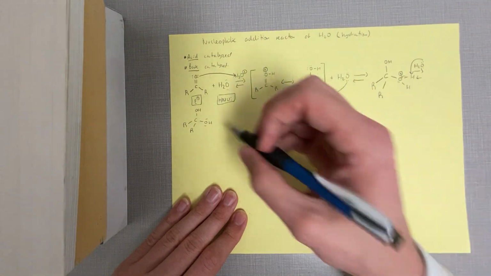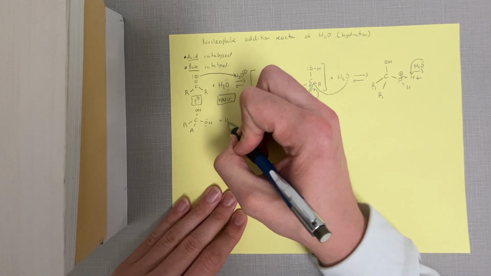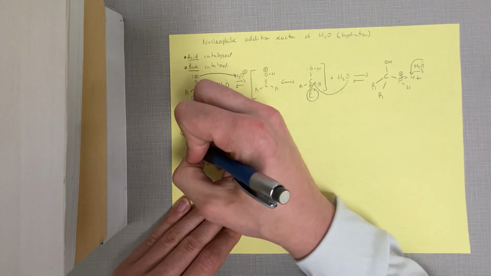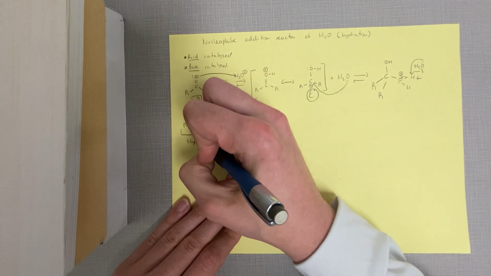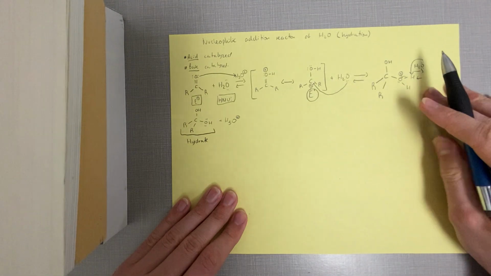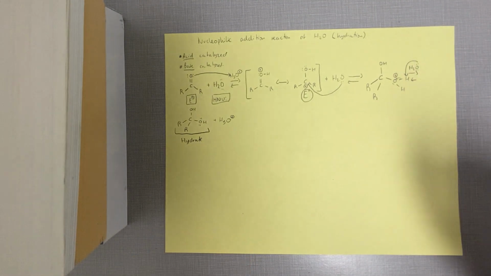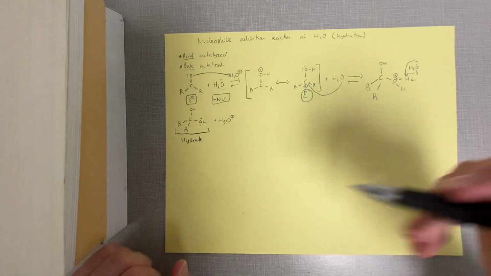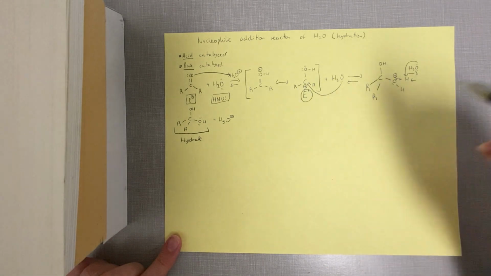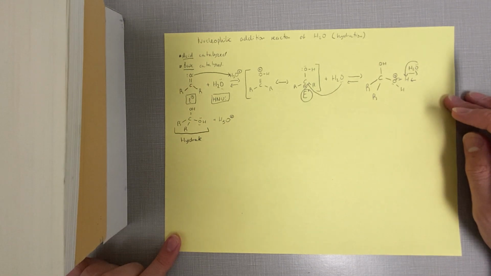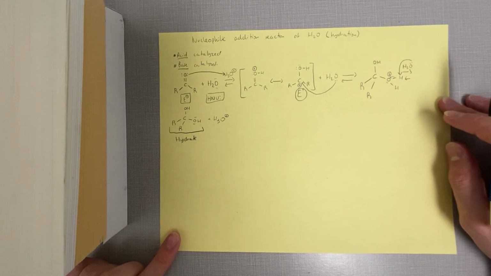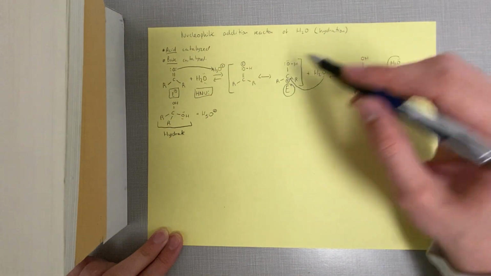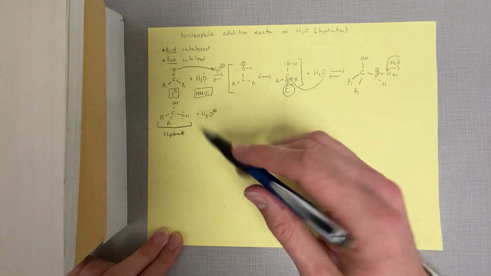And now we have our hydrate product. So this is relatively simple. This is the stepwise mechanism for a nucleophilic addition reaction of water with an acid, being acid-catalyzed. So this is for acid.